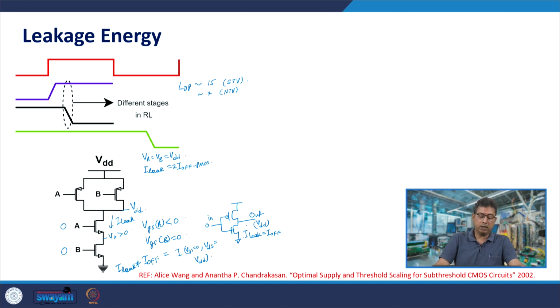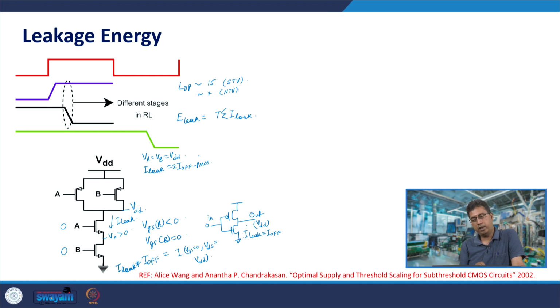So, what is the switching period of one logic gate typically? It would not even be 20% of the total clock period. So, that is why we assume that a logic gate would have the average leakage current passing through it for the entire clock period. Therefore, the leakage energy is the time period of the clock into the average leakage current of a logic gate.